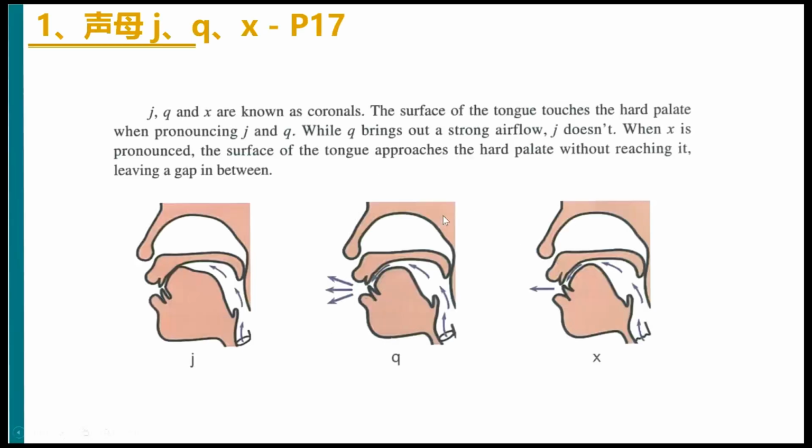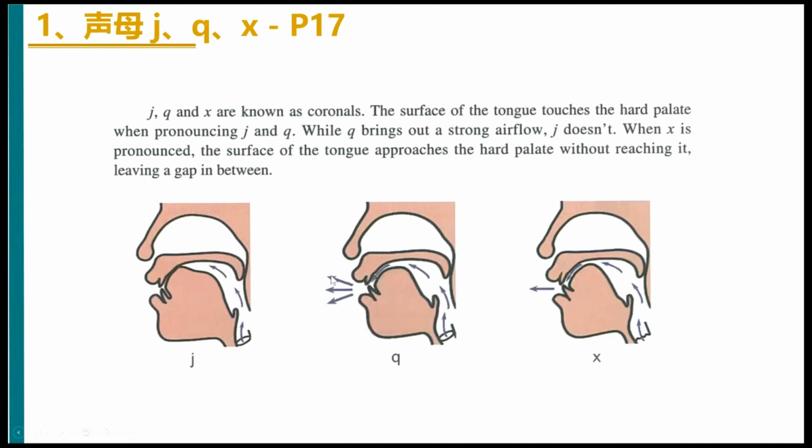First one is the Sheng, 鸡七夕. This group of Sheng initials are known as coronals. The surface of the tongue touches the hard palate when pronouncing 鸡 and 七. Well, 七, the second one, you can see some arrows here because the arrow means the airflow.